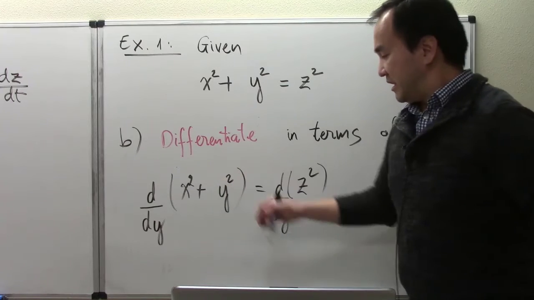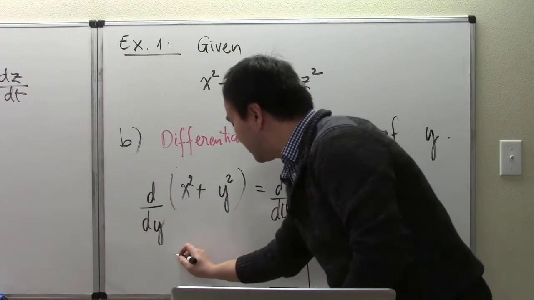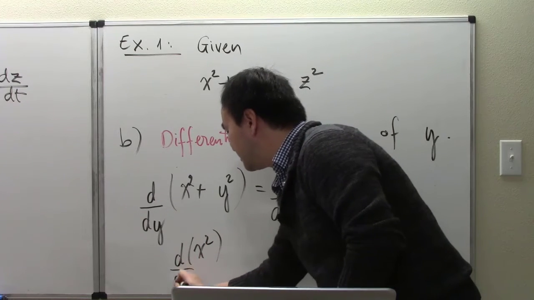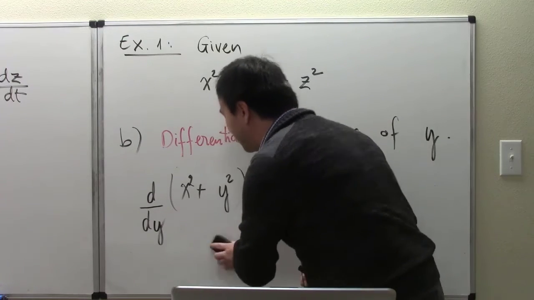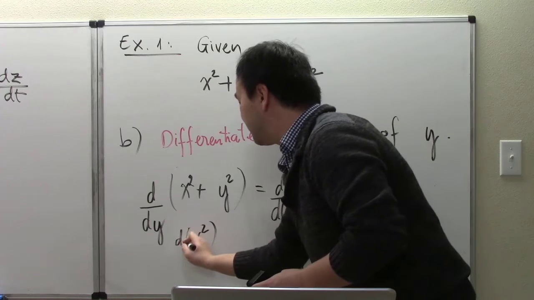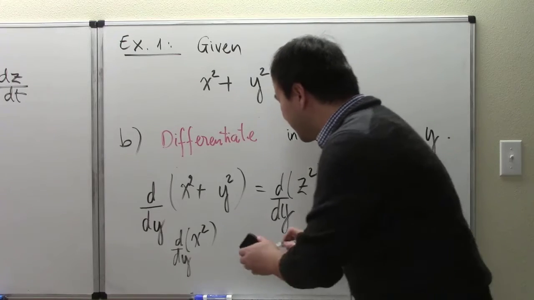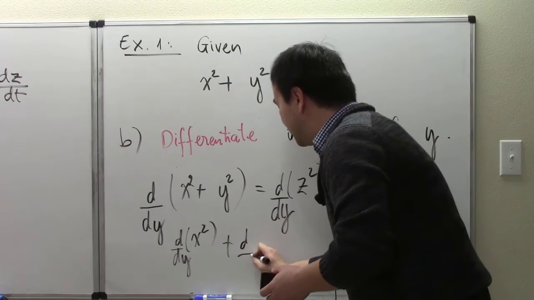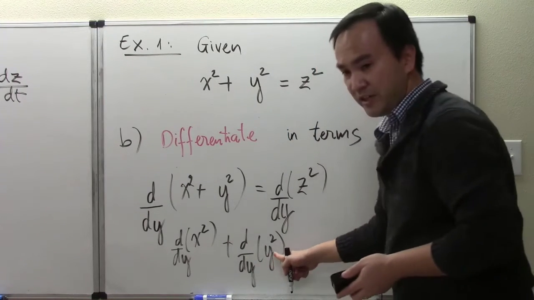So the sum rule for differentiation is now telling me that I can do d of the x squared term, dy, and that equals, so let me write that a little higher up right here. So the x squared term, now I can differentiate with respect to y, and the next term to be differentiated is the y squared term, a term that's already expressed in terms of y.